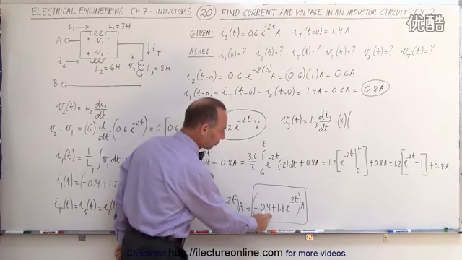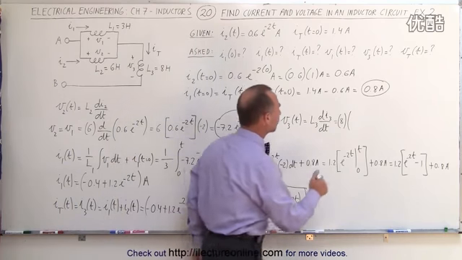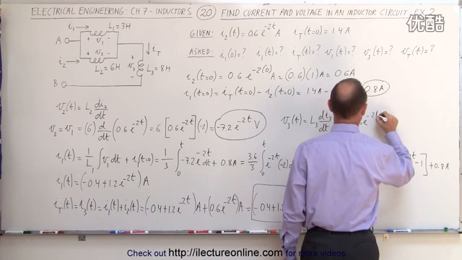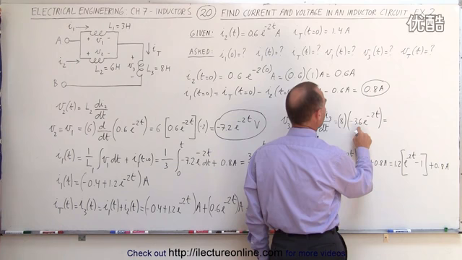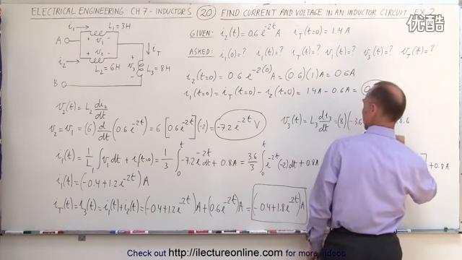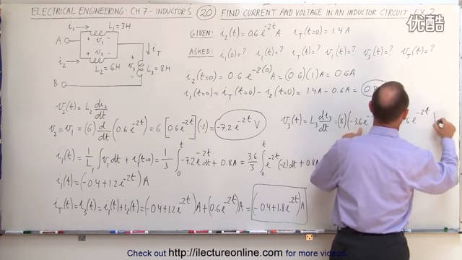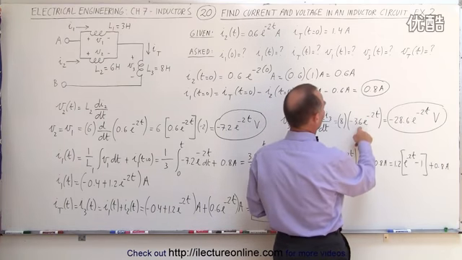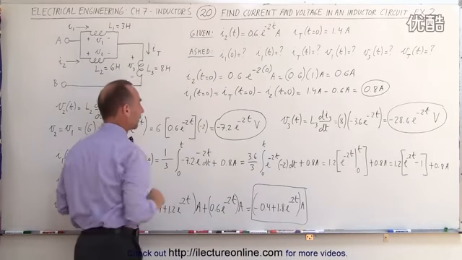The derivative of 0.4 is of course 0, and the derivative of this would be minus 3.6 e to the minus 2t, which is equal to minus 28.8 e to the minus 2t, and that would be in volts. Let's make sure that was correct. 8 times 3.6, that would be 28.8. Yes. So that would be the voltage across here.